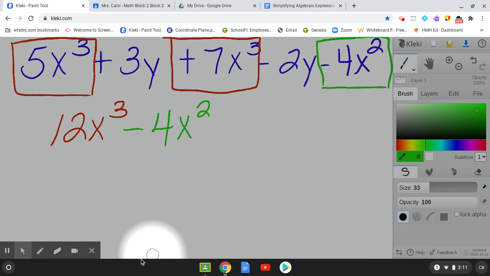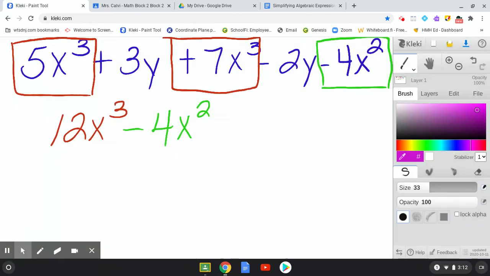So now let's see what other like terms we have. So we have a positive 3y, or a plus 3y, and we have a negative 2y, or a minus 2y, okay? We're treating these as integers. So I have a positive 3y and a negative 2y. Signs are different.